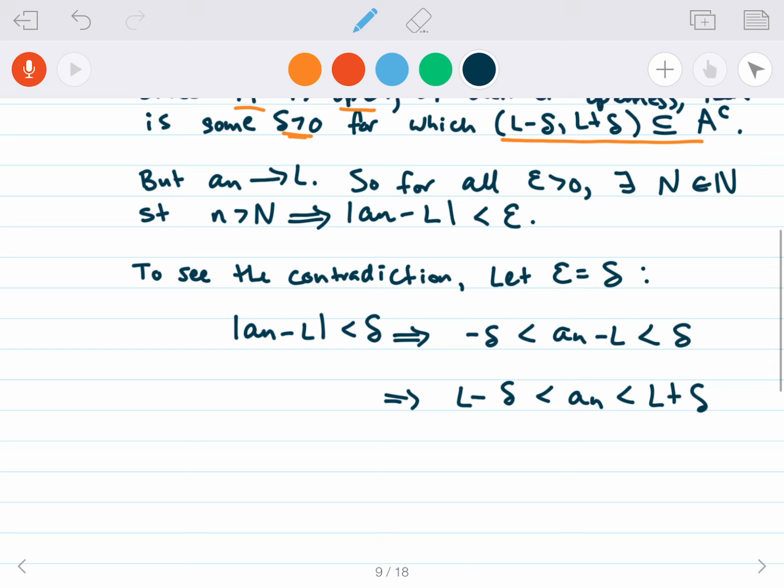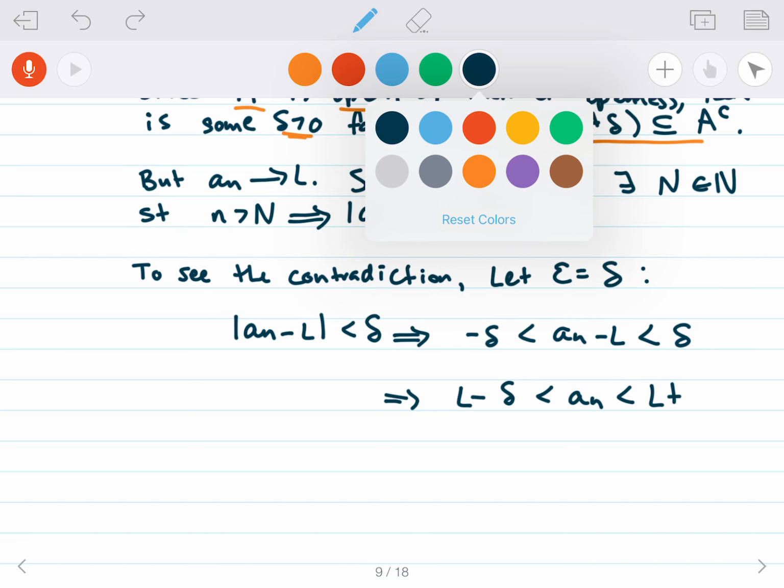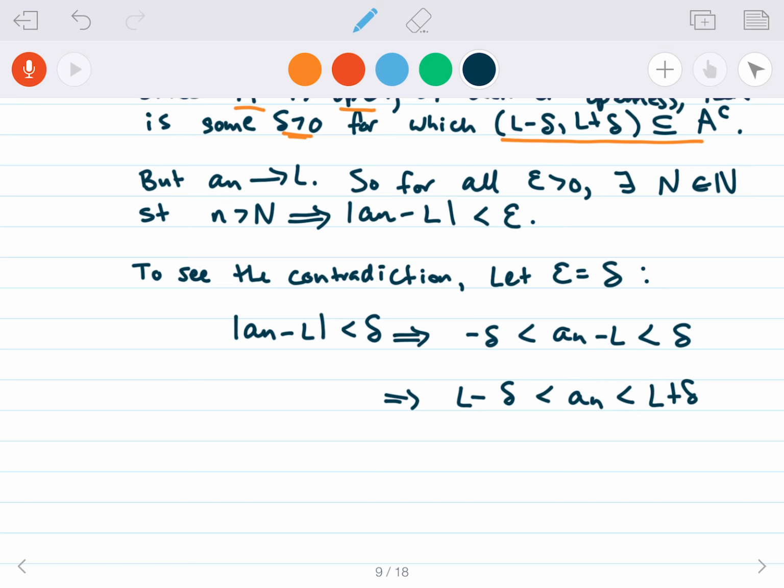And so what does this mean? This means that A sub n is in my delta neighborhood, right? Because it's between L minus delta and L plus delta. So this means that A sub n is in this neighborhood.